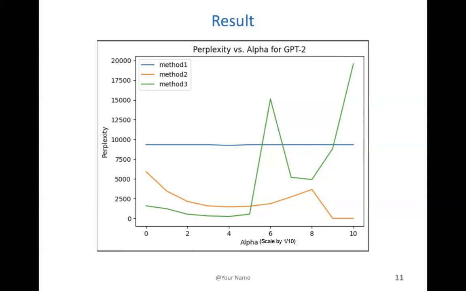Therefore, in method 3, by only applying SmoothQuant to the layer with the biggest outliers, I was able to decrease the perplexity. And the alpha that worked best for me was 0.4, which basically means that approximately the outliers were transferred equally between the weights and the activations.